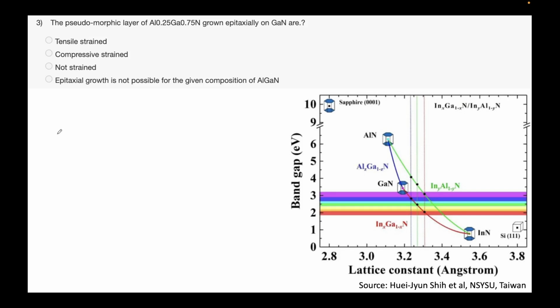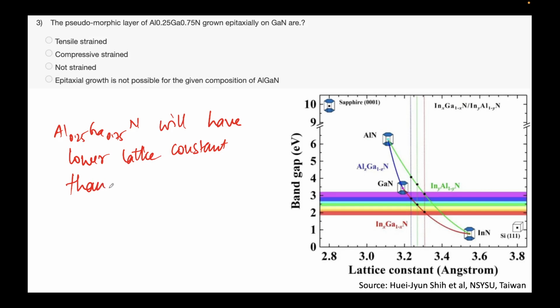So I can write: AlGaN will have a lower lattice constant than the underlying GaN layer.